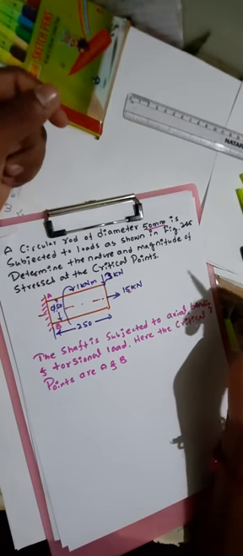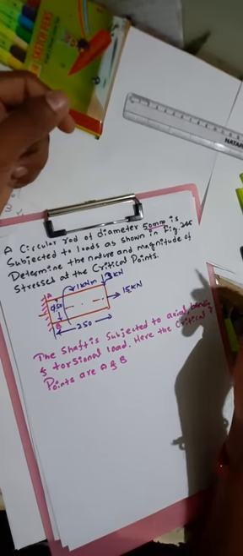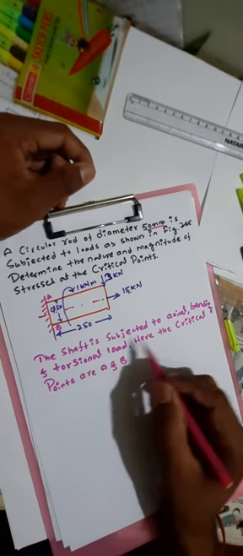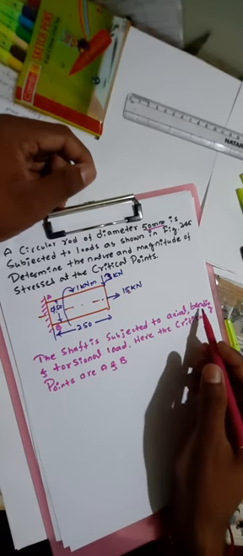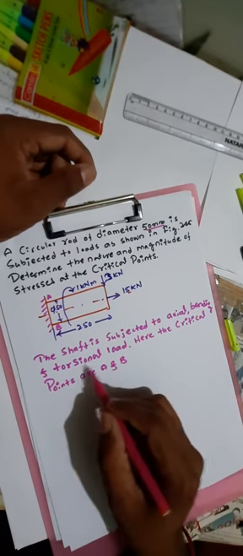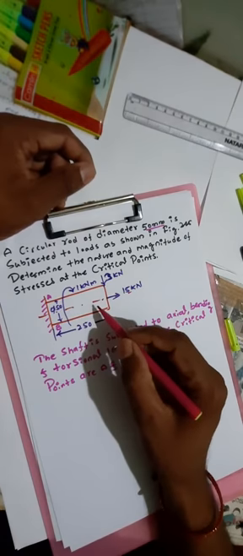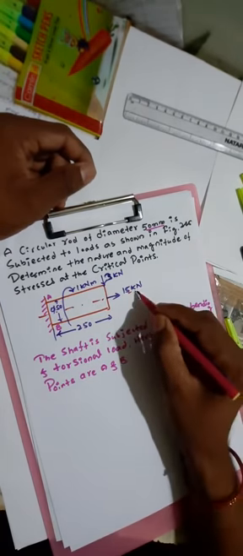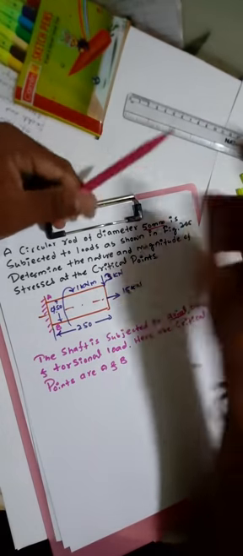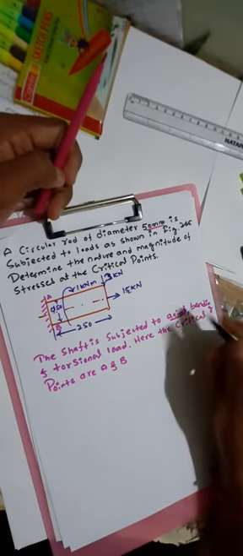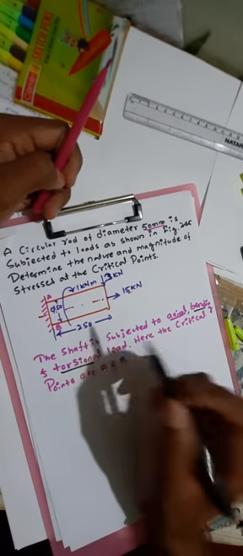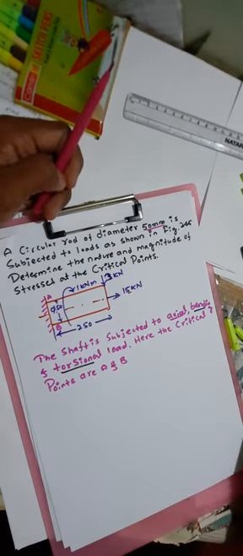So now we will discuss the problem. First, the shaft is subjected to axial, bending as well as torsional load. This is the rod or shaft which is subjected to an axial load of 15 kilonewton, bending of 3 kilonewton and torsional of 1 kilonewton meter.